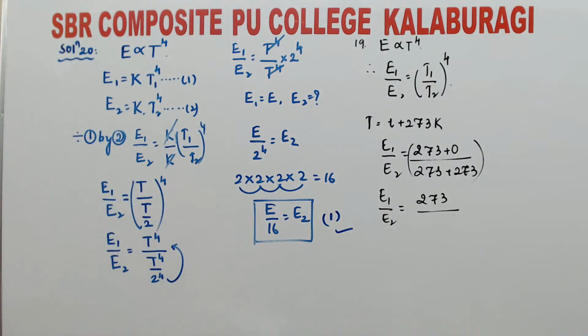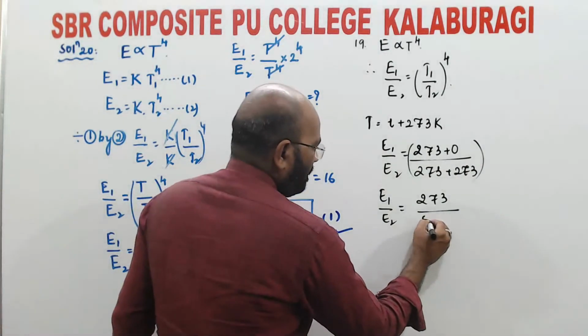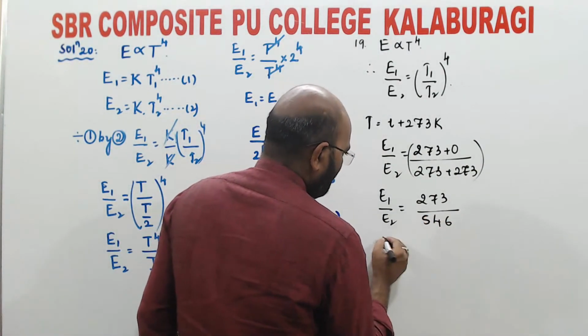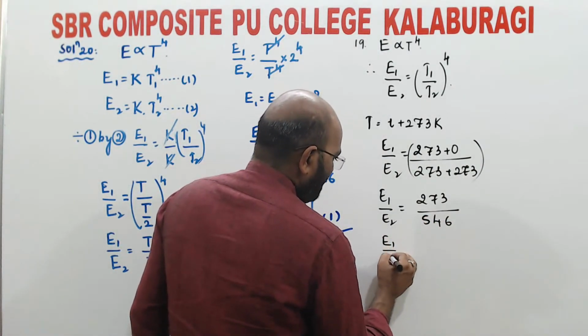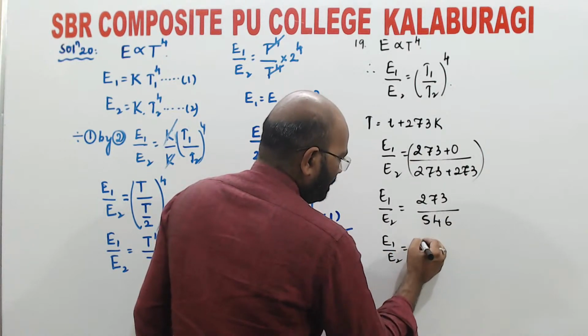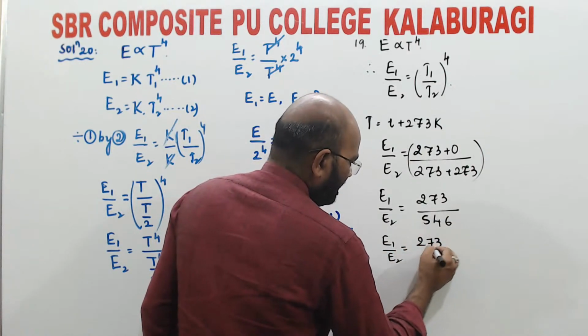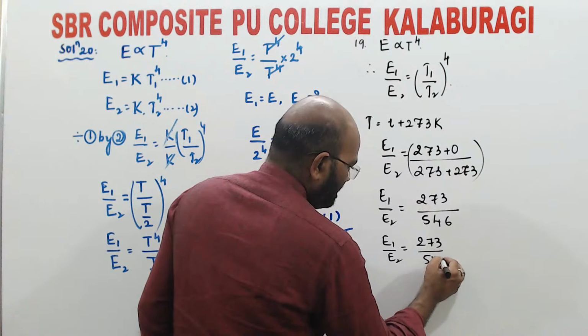Add this: 273 plus 273 is equal to 546. Then E1 by E2 is equal to 273 divided by 546.